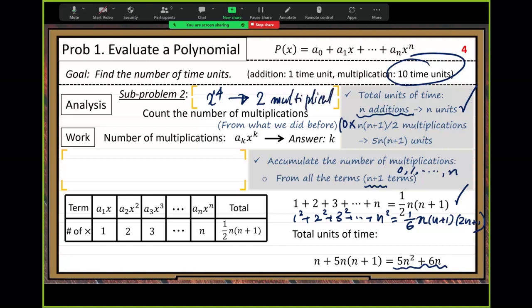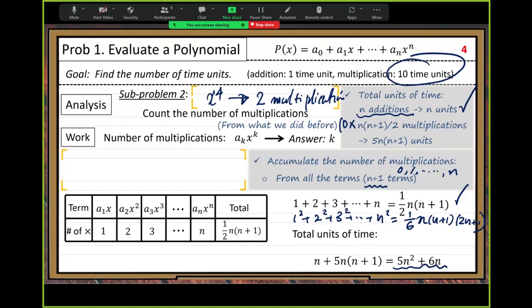Recall what we did last time with multiplications. That means there is hope to improve the brute force method. So in our next round of work, we want to improve this brute force method.